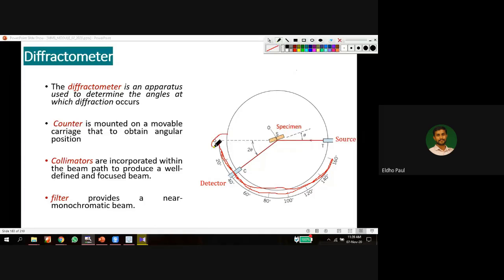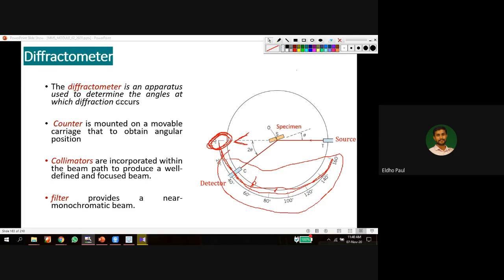We will not place X-ray paper here, because this is the direction of the transmitted beam. We are not considering that. We only place the X-ray paper here, and based on the diffraction, some spots will be created on the X-ray paper. So this is the diffractometer.